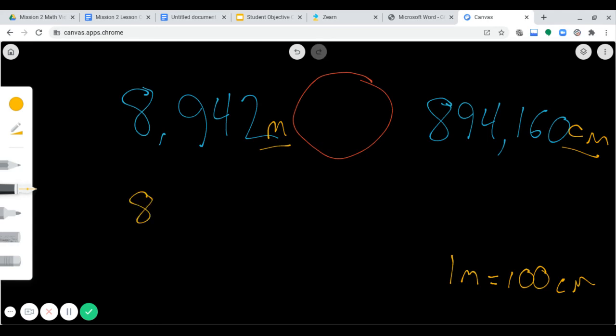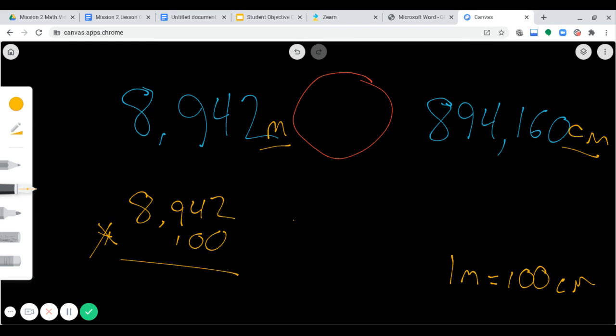So what I'm really doing is 8,942 times 100. Let's be honest, you're not expected to do 3 by 4 multiplication, so don't let your head explode right now. Yeah, you do know how to do this. It's the little zeros trick.